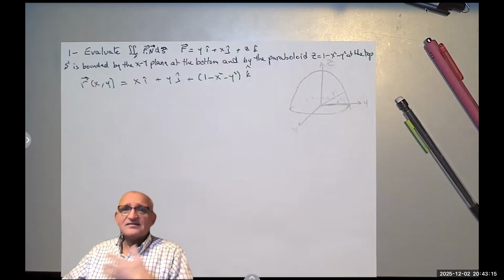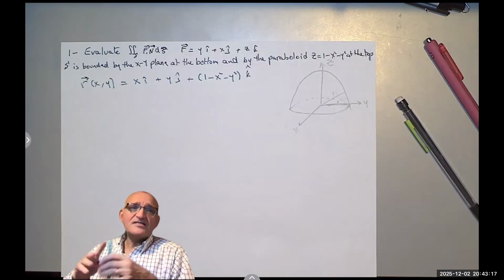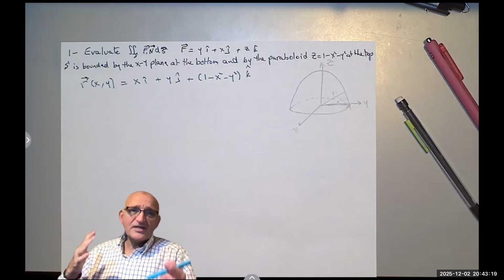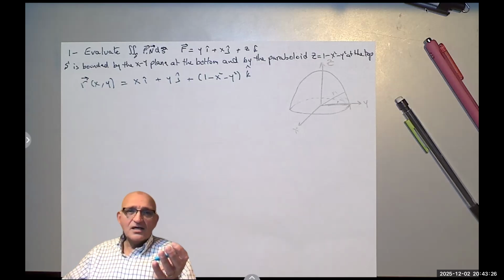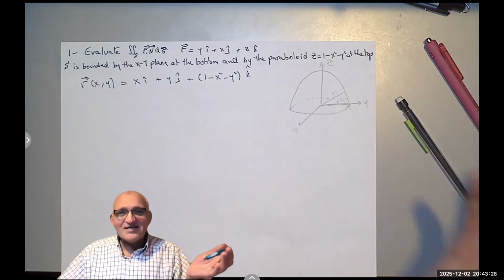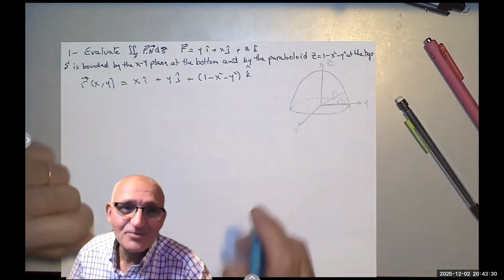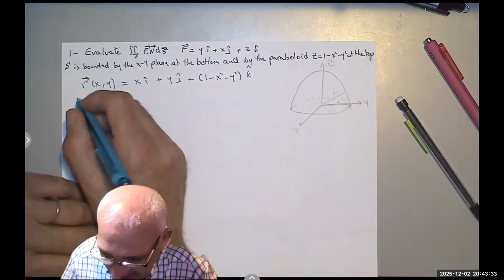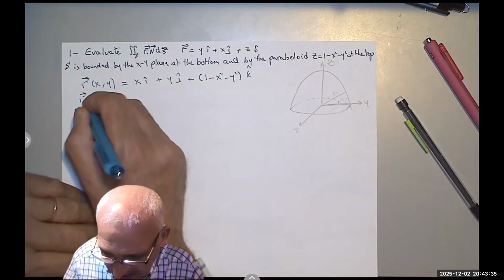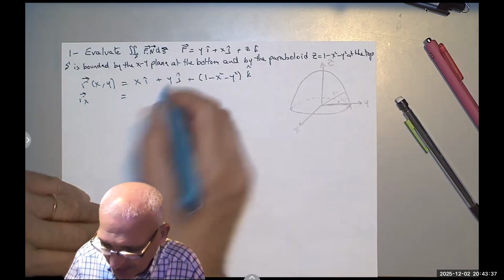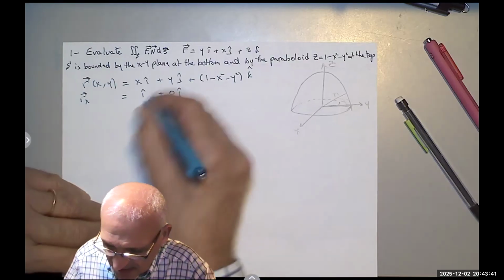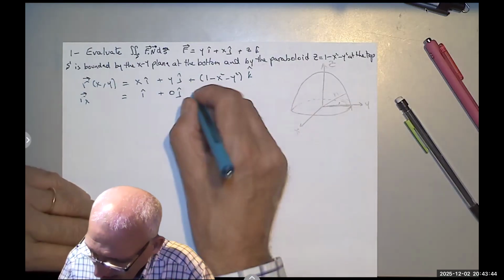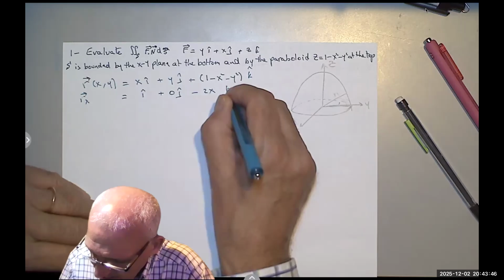If it's like that, you get the cross product as the negative partial derivative with respect to x and the negative partial derivative with respect to y, and 1 in the k direction. There is no reason to memorize that. Just perform the cross product. So we can get r sub x, meaning the partial derivative with respect to x, which gives me i plus 0j, because it doesn't have x, minus 2x k.